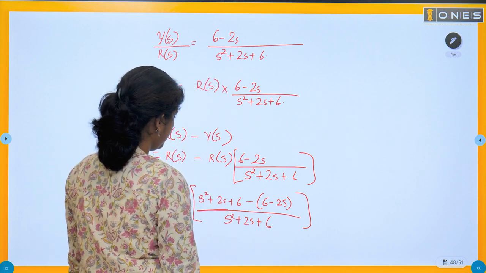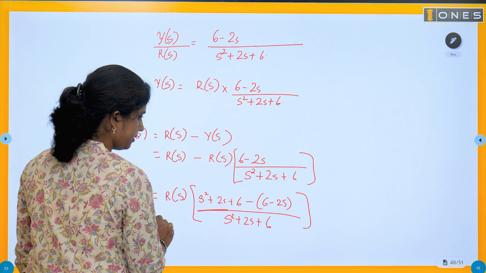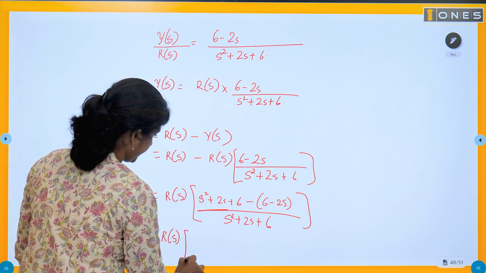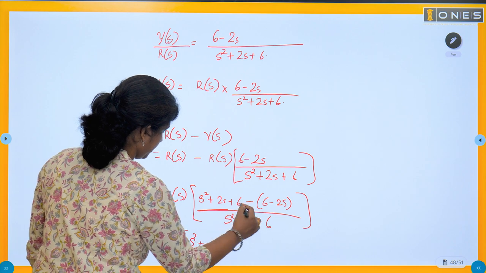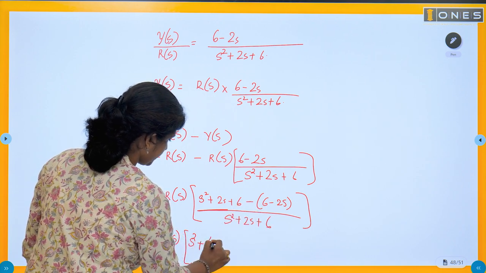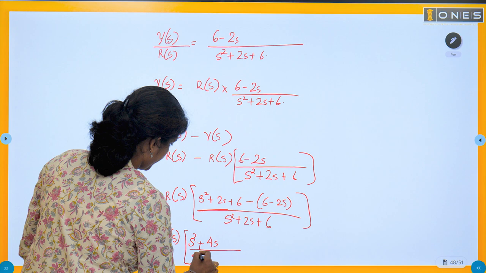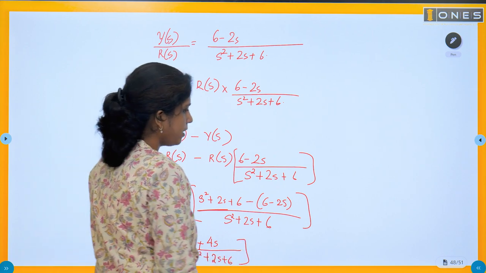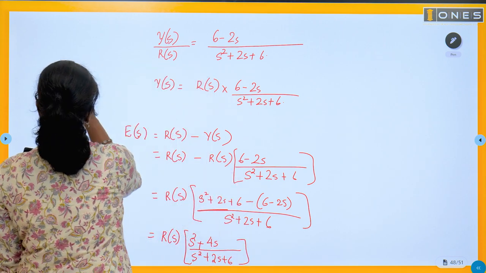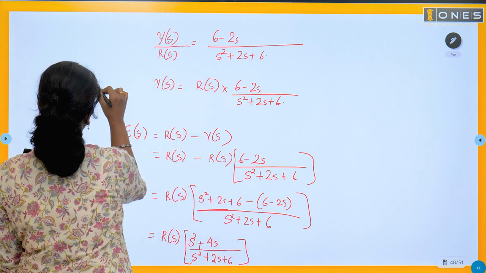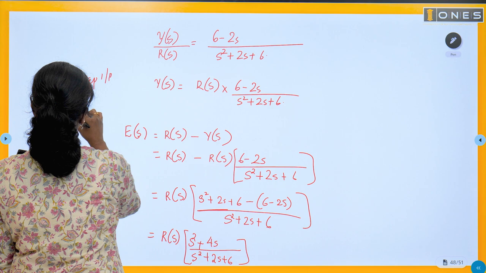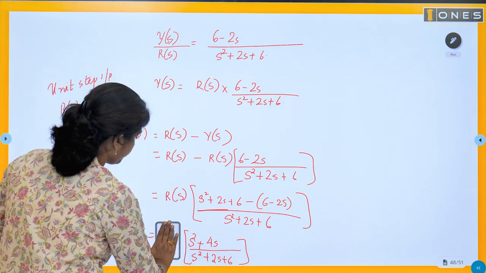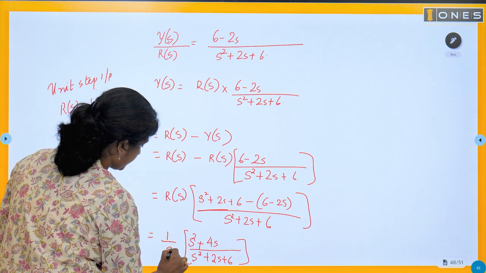So we have s square plus 4s, since the 6 and 6 cancel, divided by s square plus 2s plus 6. It is given as a unit step input, which means R of s is equal to 1 by s. So instead of R of s you replace it with 1 by s.